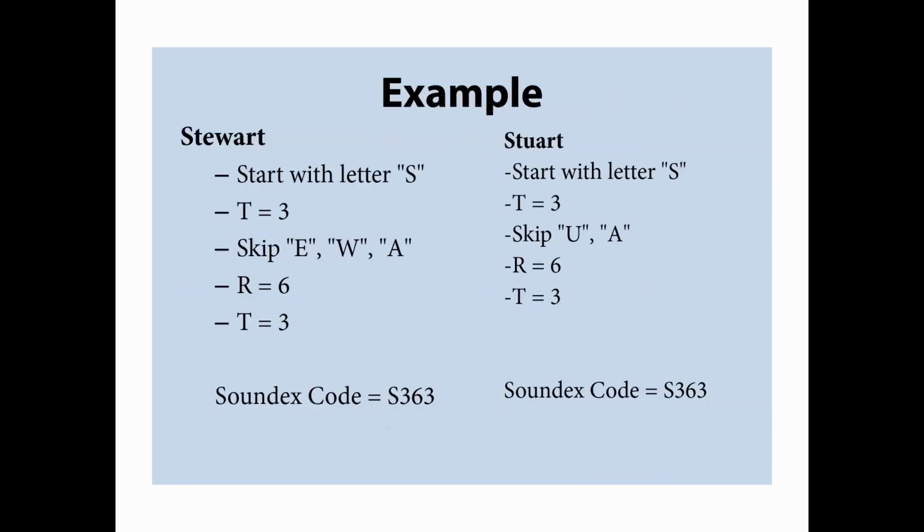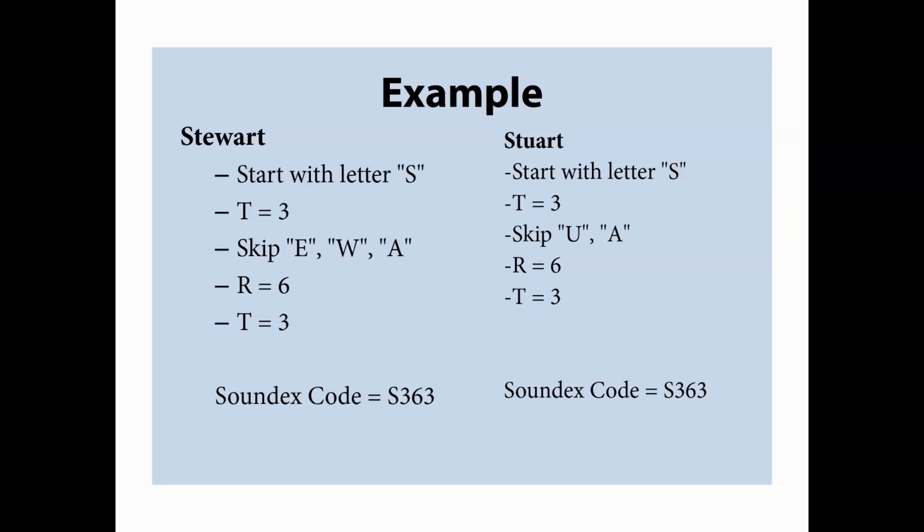So let's show an example of how we can actually convert the names Stewart, S-T-E-W-A-R-T, and S-T-U-A-R-T. So as we noted, both of them start with the letter S, and they both sound alike. We then go to the next letter. So the next letter is a T, we give that a value of 3.